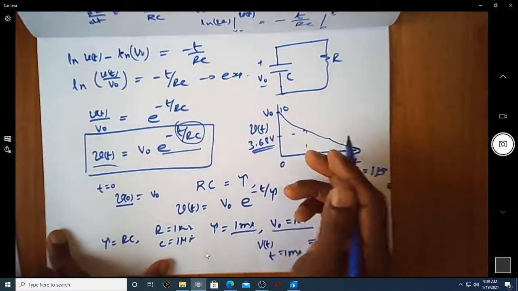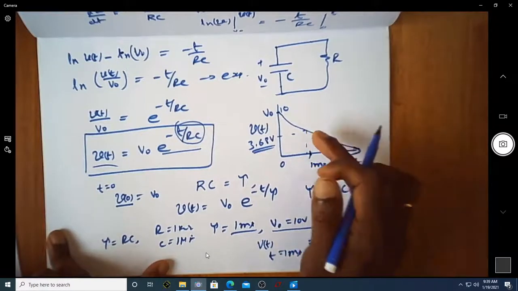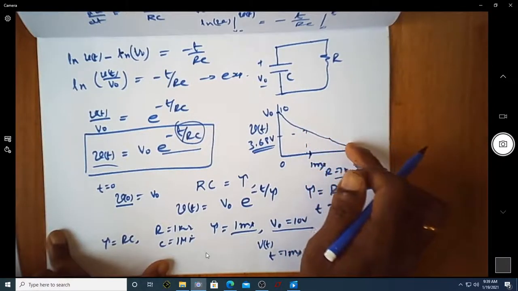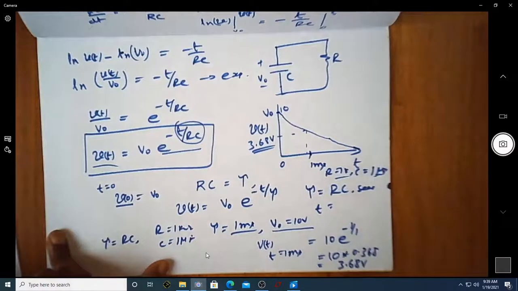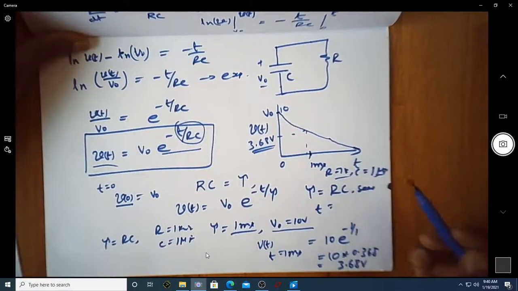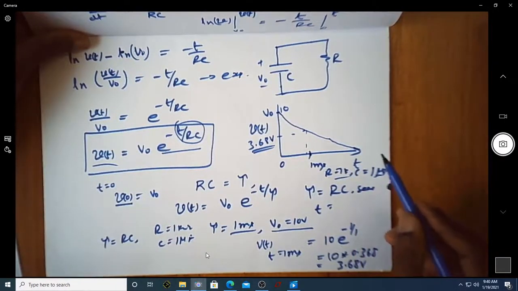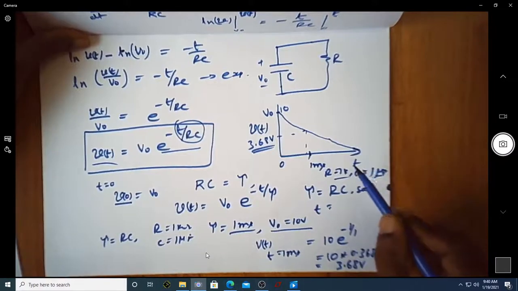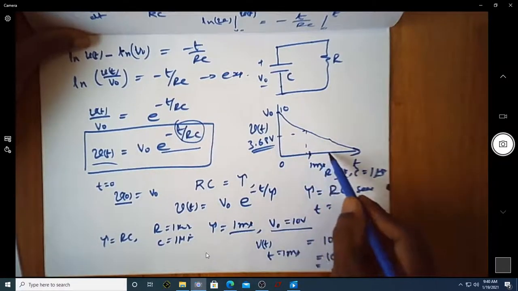If you allow it to discharge further, it keeps discharging and becomes 0 at t equal to infinity. Likewise, at each and every point we can find the value of the capacitor voltage at any given time.